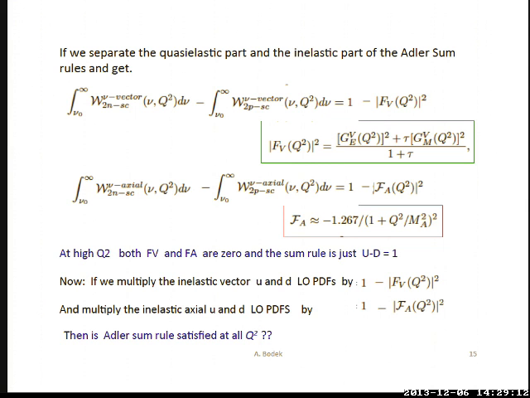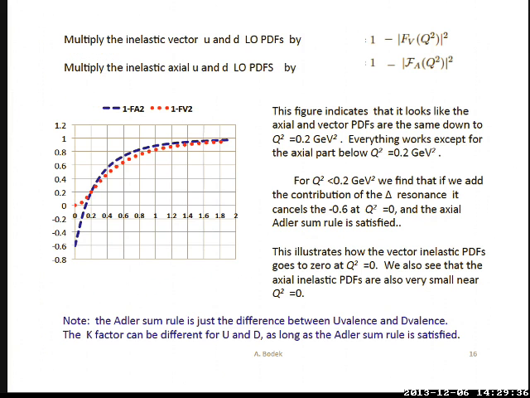At high Q square, it's just the QCD sum rule. So you say, okay, I'm just going to multiply the structure function by 1 minus this factor, and by construction the structure function will obey the sum rule, except possibly for this FA at low Q square, which is a problem. But let's see where the problem takes us.